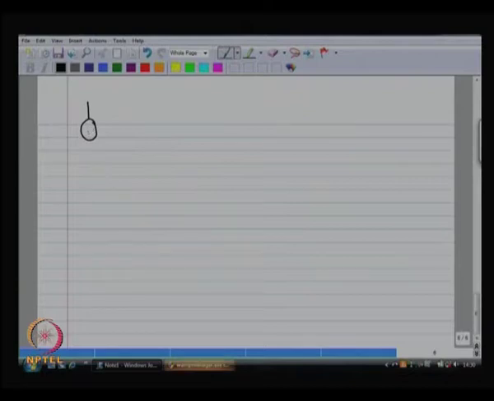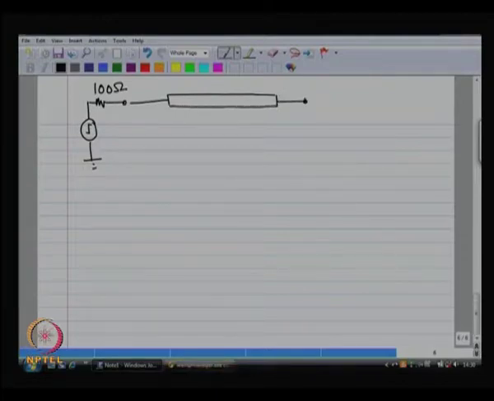Let us say that I apply a pulse, and let us say my Z source, the source impedance is, let us say 100 ohms, and I have a transmission medium with a characteristic impedance of, let us say 200 ohms, and let us say my load is 200 ohms.